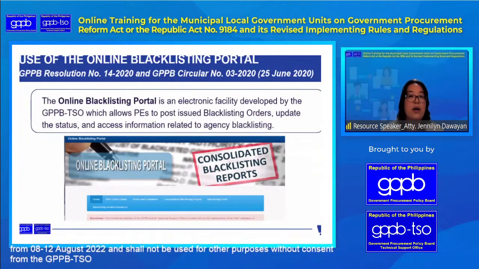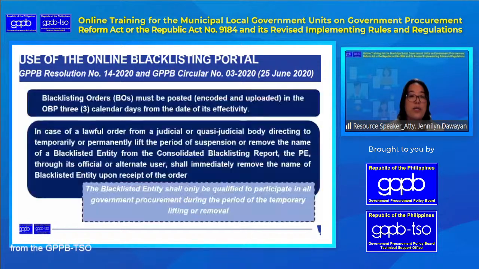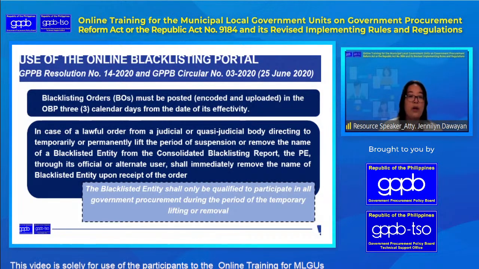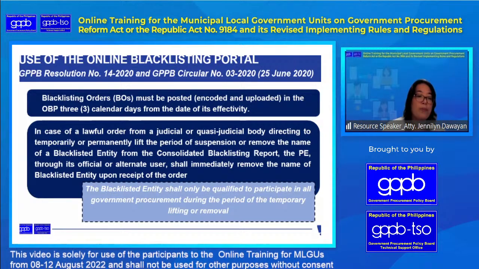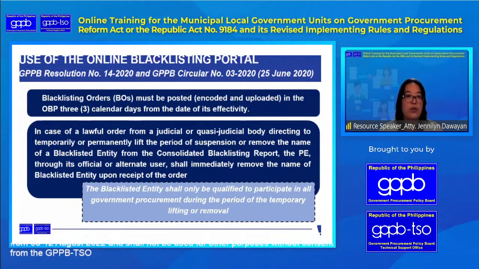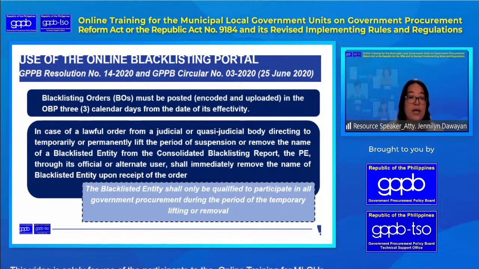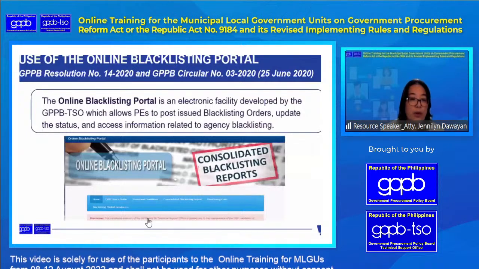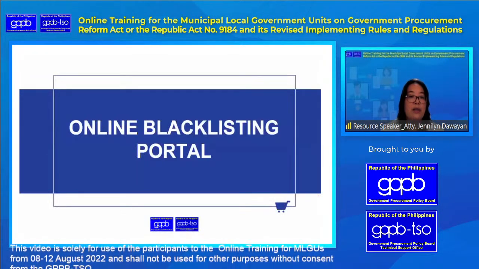So of course, the blacklisting orders must be posted and encoded in the OPB. So, meron tayong online blacklisting portal, alternate user ba yung tawag doon? Or he is the one authorized to kalikot, no, na maglalagay doon sa OPB, no, and it should be within 3 days from the date of the effectivity, which is why dito sa ating blacklisting order, no, very important that we put the date kasi ang effectivity niya.